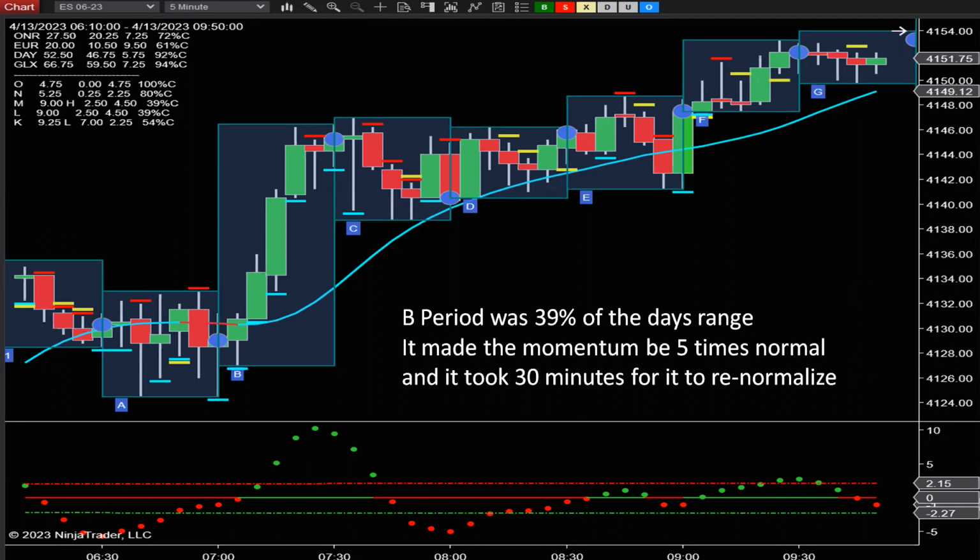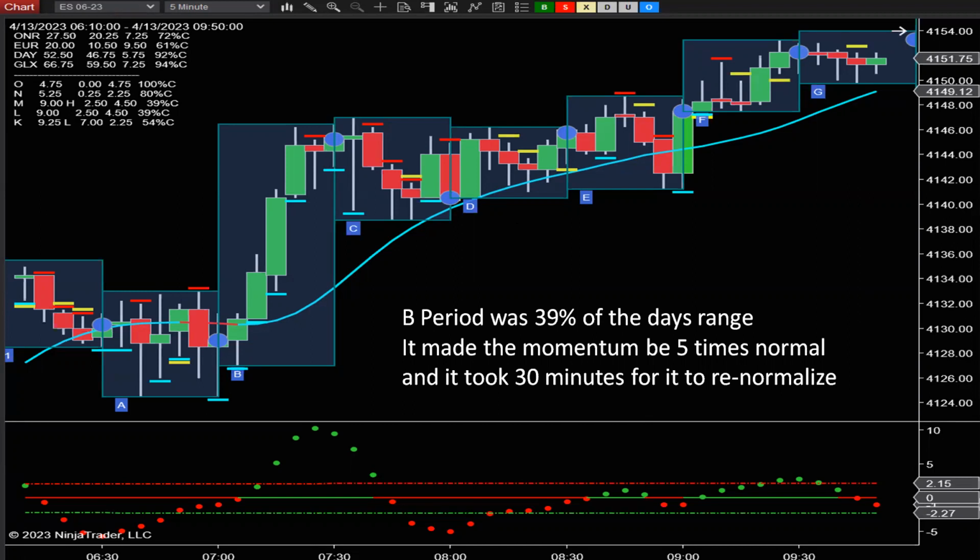So B period today started by trapping down here, and then headed higher. B period was 39% of today's range. One 30-minute period out of all the periods in the day was 39% of the day's range.